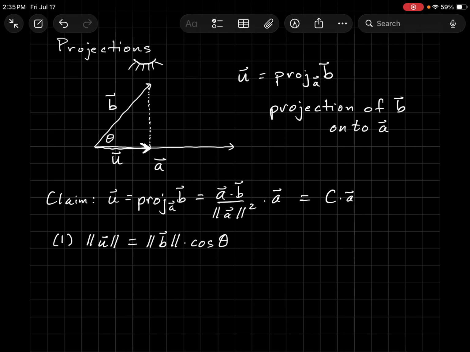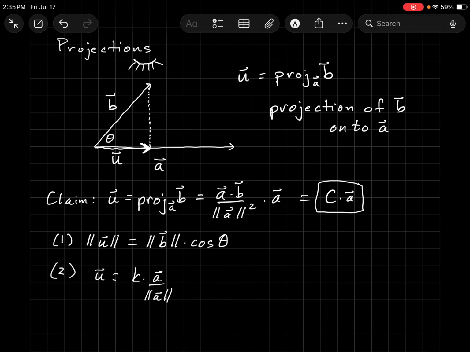That's strictly from right triangle trig. Now, I also know, since U is some constant times the vector A, it's also some constant times A over the magnitude of A.